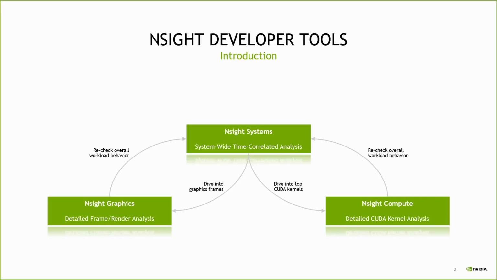And then we have Nsight Compute, a kernel profiler that allows you to optimize the device code for a single kernel. And then we have Nsight Graphics as a counterpart to Nsight Compute that does the same thing for all the graphics APIs.